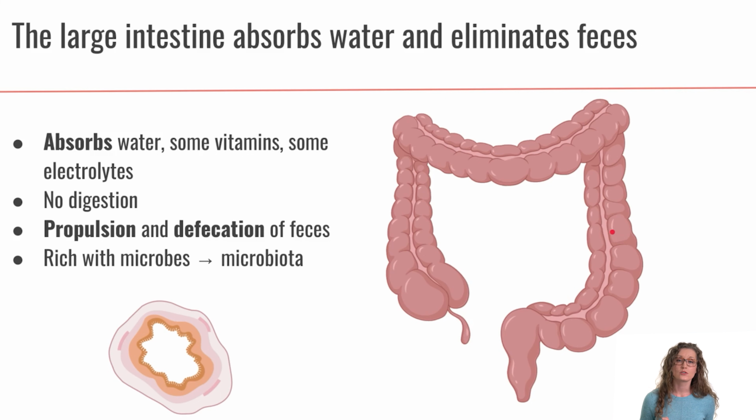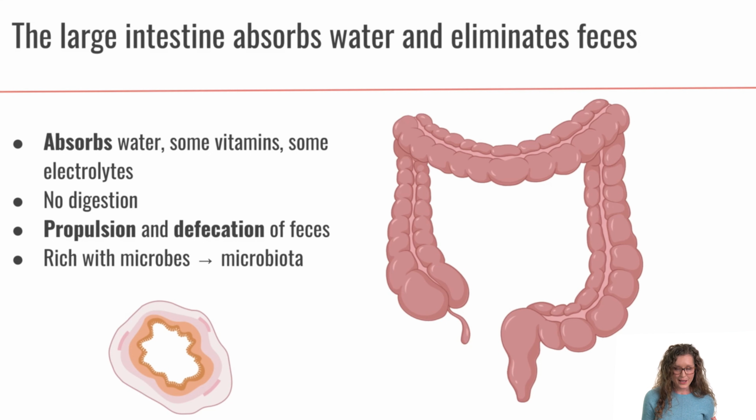The large intestine is also going to be involved in propulsion. So again, squishing to move the remaining undigested or the remaining food excrement through the large intestine. And then finally, of course, involved in defecation of feces. Now, the large intestine is rich with microbes, and this whole population of microbes, we call them the microbiota.